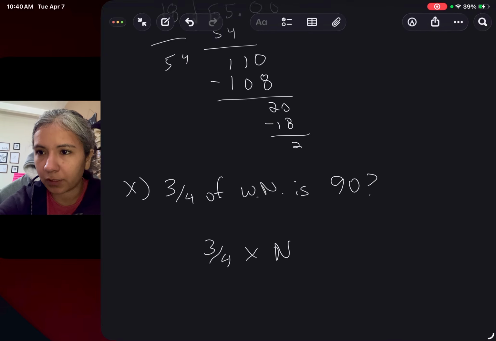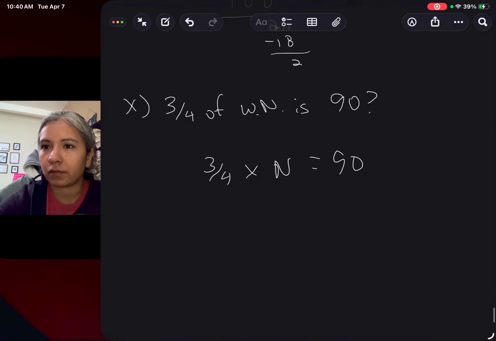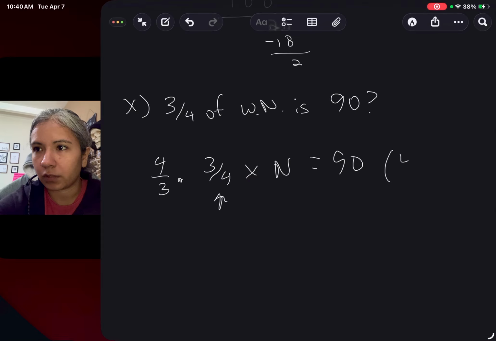We're looking for what number, N. Our "is" is equal, 90. To get rid of this and get the N by itself, we multiply by the reciprocal, which is 4/3. So this would be times 4/3 because we want to balance everything.